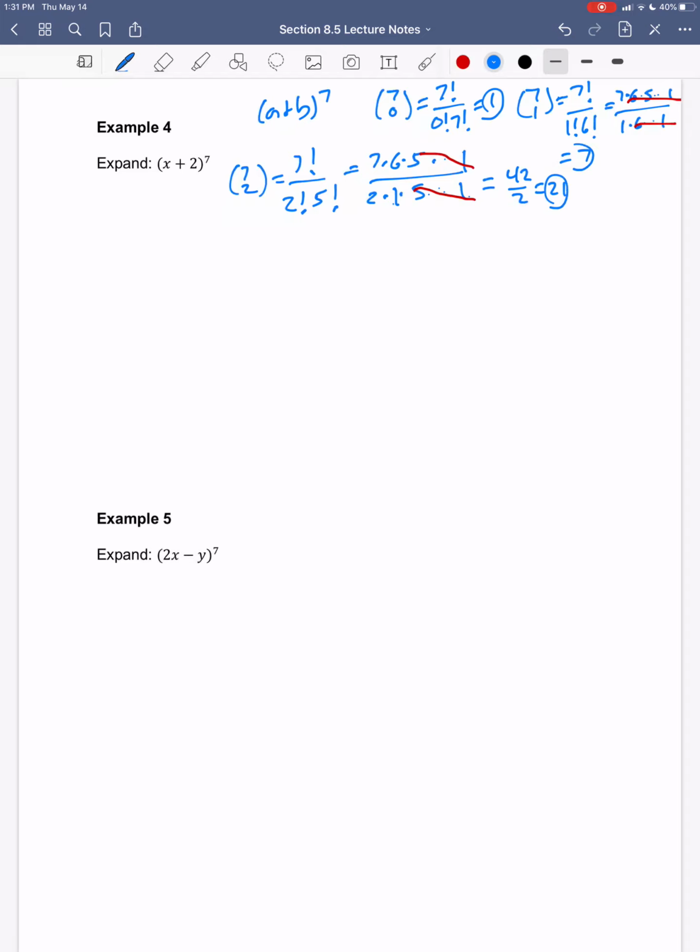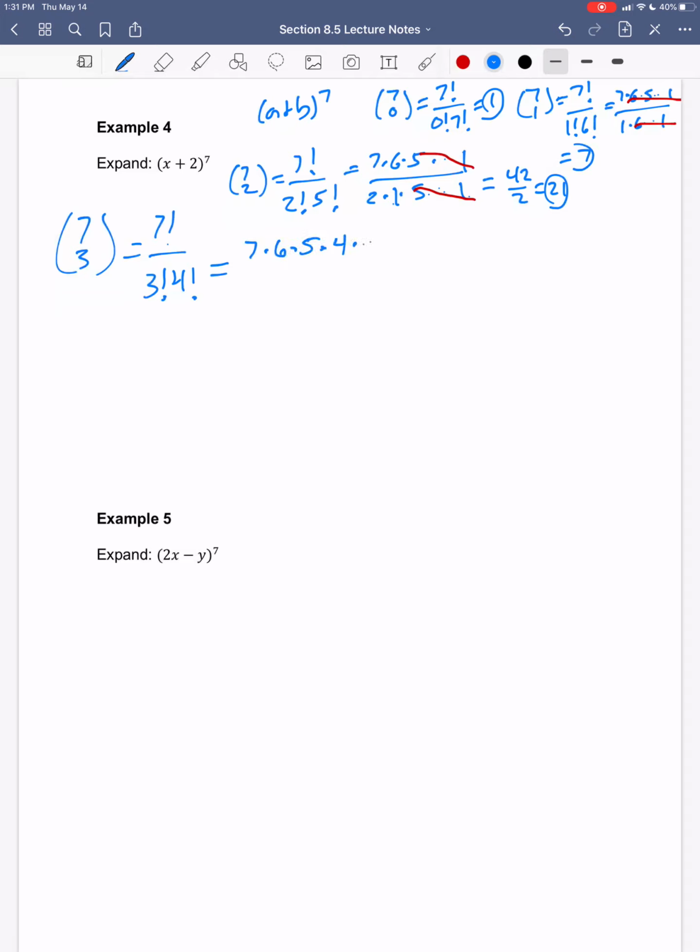So now what about 7 choose 3? So that'll be 7 factorial over 3 factorial and 4 factorial. So I always look then, what's the biggest factorial in the bottom? 4 factorial. So that's going to cancel out a lot of the top. So I write the top until I get that. So 7 times 6 times 5 times 4.